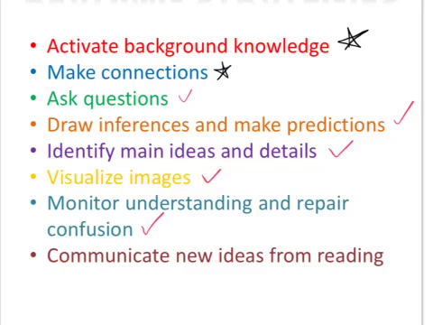And if you're not understanding what you're reading, to use tools to fix the lack of understanding. And finally, you're going to communicate new ideas from your reading. That means you can talk or write about what you've read in a knowledgeable way based on the stuff that you've read. What I want to make clear is today we are not going to cover all of these different reading strategies. We're going to focus on activating background knowledge and making connections.